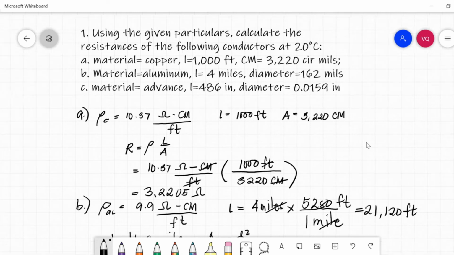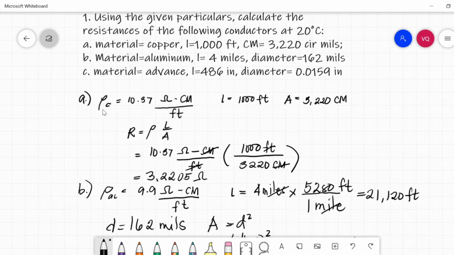For letter A, we have a resistivity of copper equal to 10.37 ohm circular mil per foot. The length of the wire is 1,000 feet and the area is 3,220 circular mil. The formula in getting the resistance is resistance equal to rho multiplied by the length divided by the area.